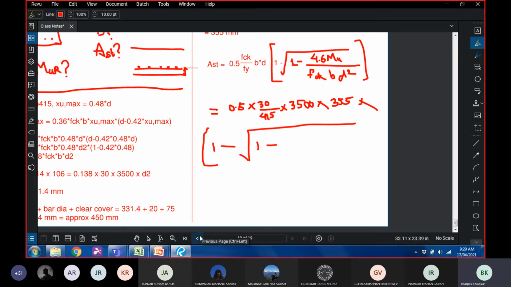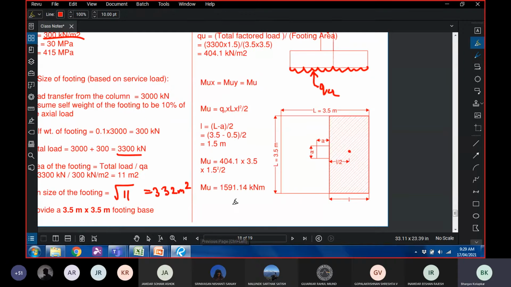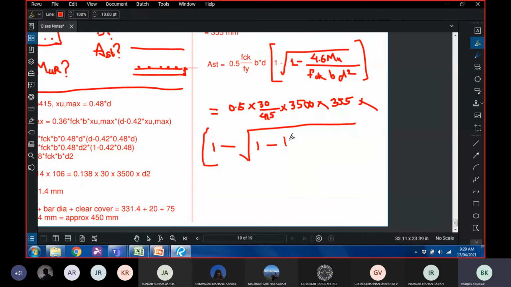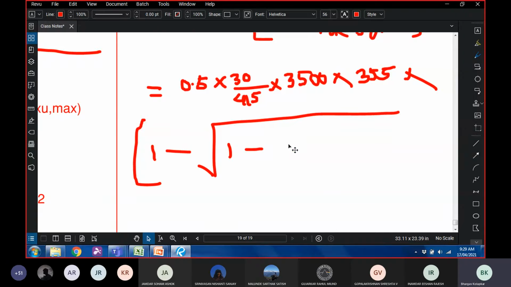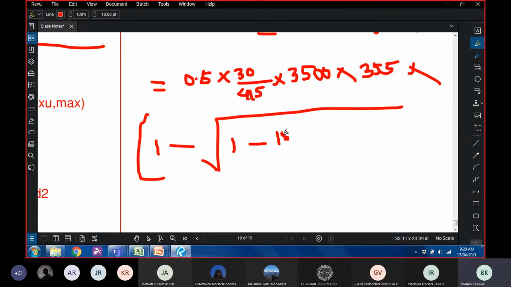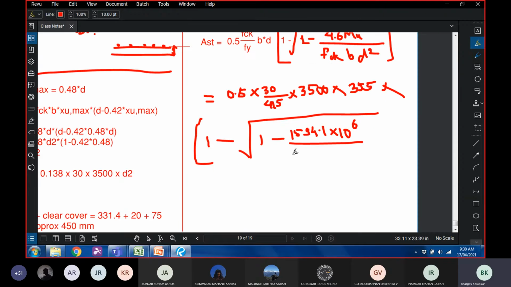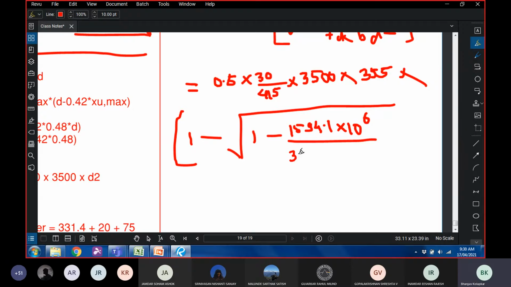Our design moment is 1591.14 into 10 power 6, so that it is in Newton mm, and we have to divide it by fck bd squared. fck is 30, b is 3500, and d squared is 355 squared.